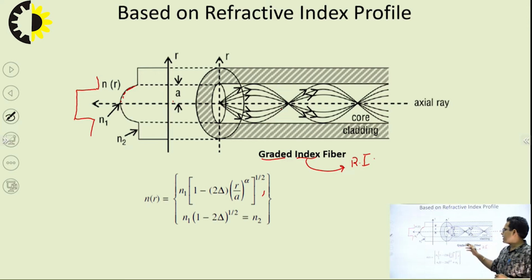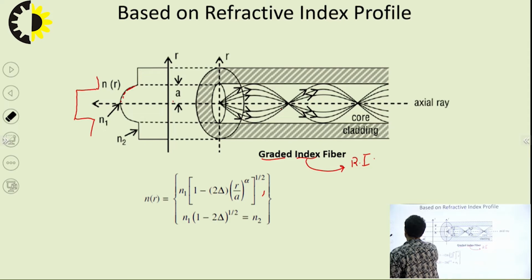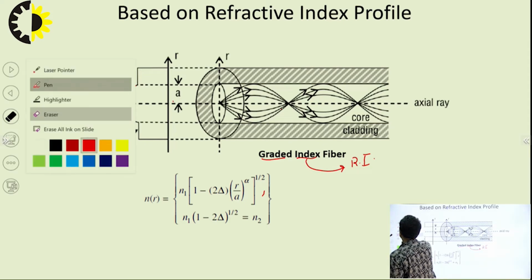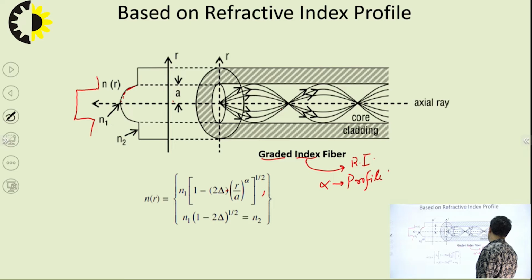Similarly, in the case of a graded index profile, the refractive index variation as a function of the radial distance is given as n(r) equals n1 times [1 minus 2 delta (r/a)^alpha] to the whole power 1/2, where this alpha is called the profile parameter.